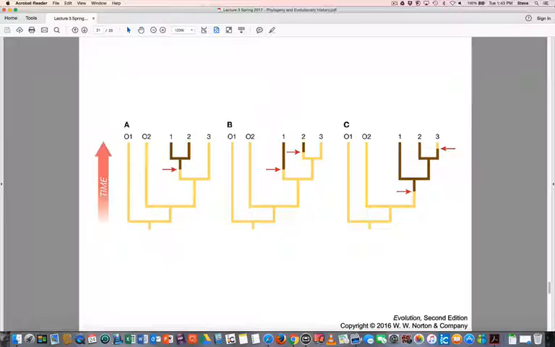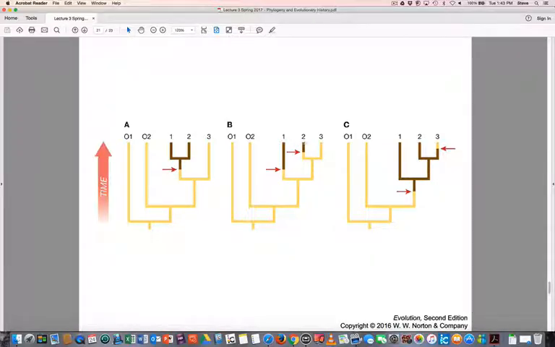Let me give you an example. Here we have 1, 2, and 3 pointed out, and here are the outgroups. In scenario A, you're saying the only time the character changed on this tree, it went from the ancestral character of yellow to the derived character state of brown in species 1 and 2. So it originated once, which is what we call one tick mark, or one step, on the tree.